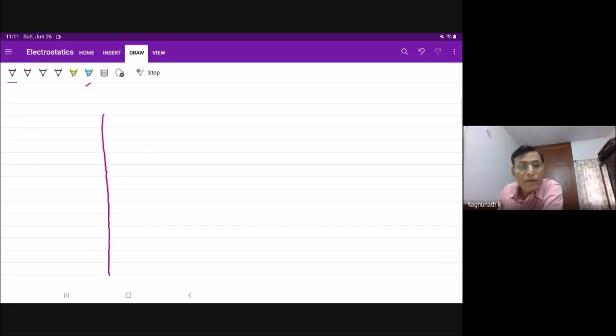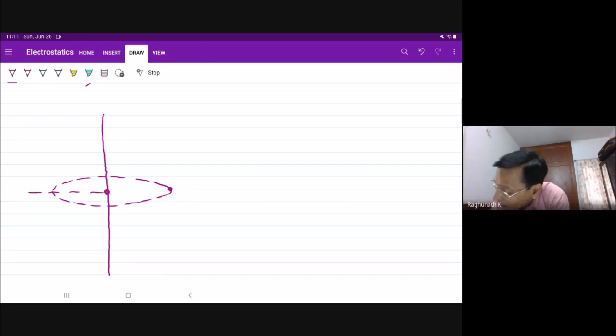In this case, this is the point of interest. For any point on the circle of radius r having the center on the line charge, on the plane perpendicular to the line charge, I will consider this as the z equals 0 plane.